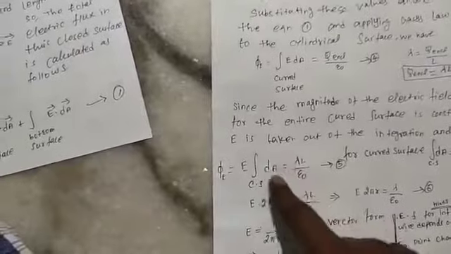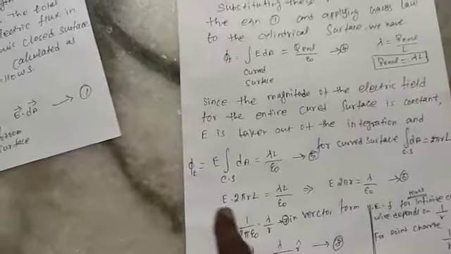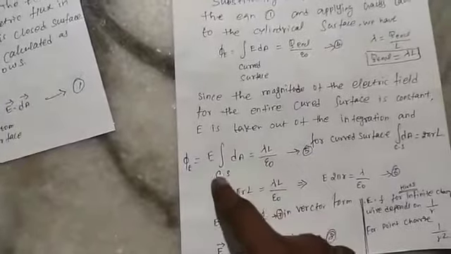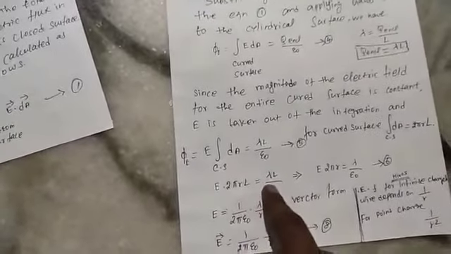Only dA is integrated, and the surface integral is 2 pi r L, the surface area of the cylinder. That is the entire area of the cylindrical surface. So E into 2 pi r L is equal to lambda L by epsilon naught.